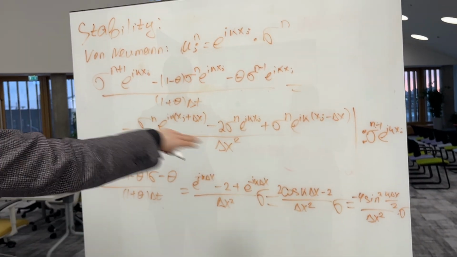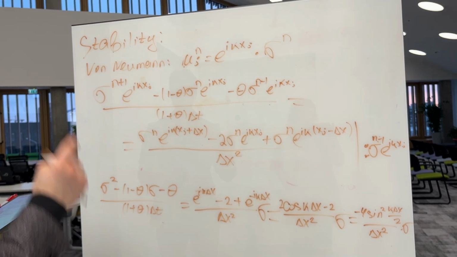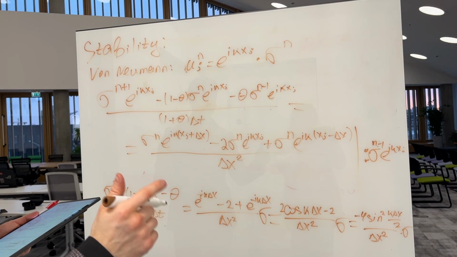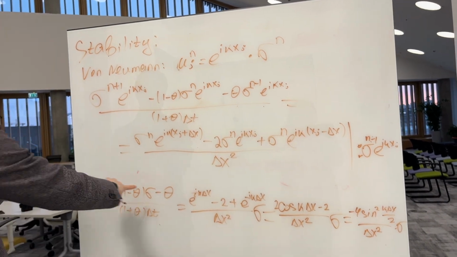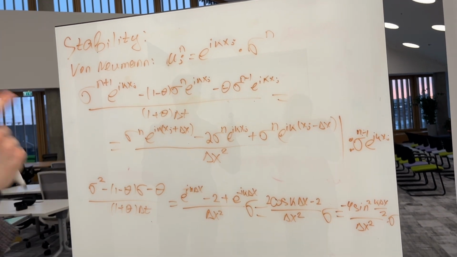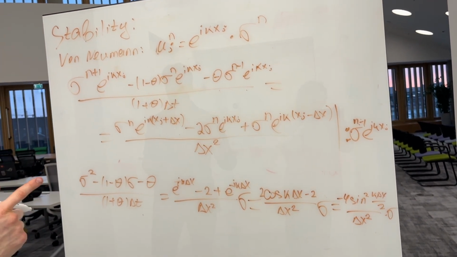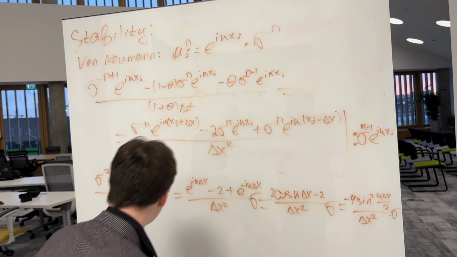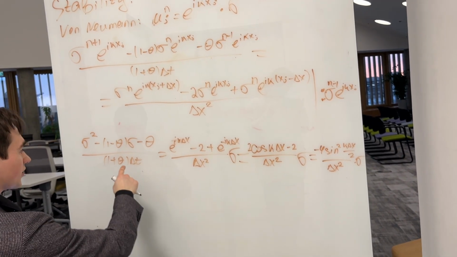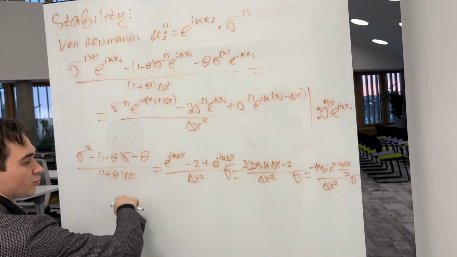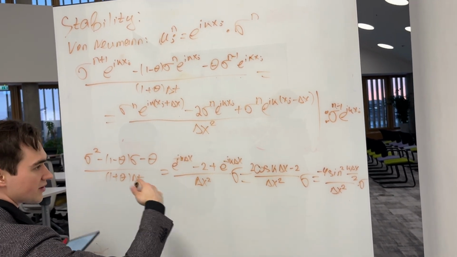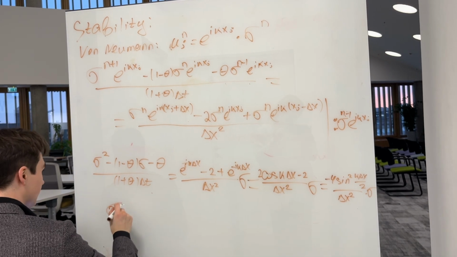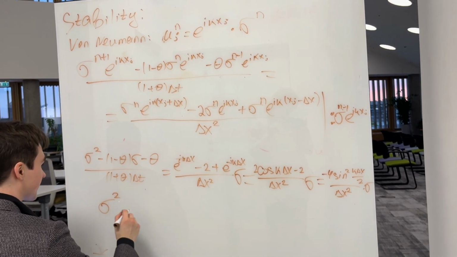So now we have simplified it, and we need to find sigma such that the absolute value of sigma is less than 1 for stability. Let's do that. We will transfer the denominator to the right hand side and then simplify everything, and eventually we will get something like that.